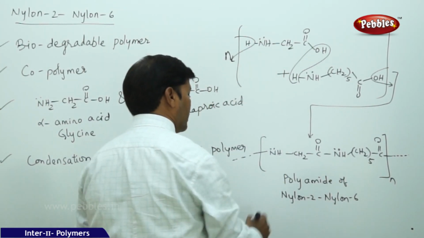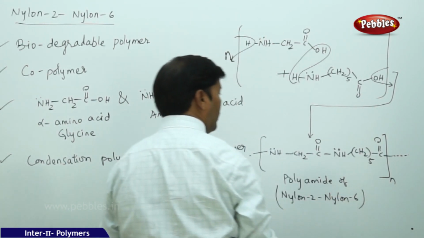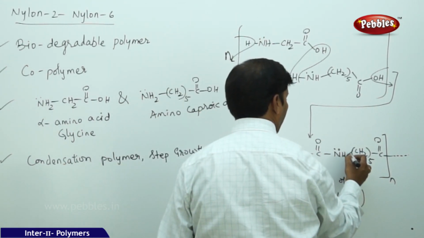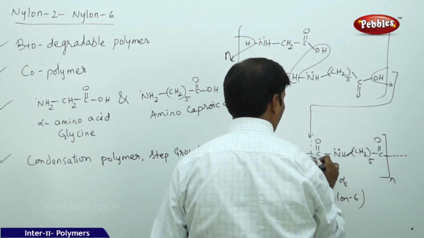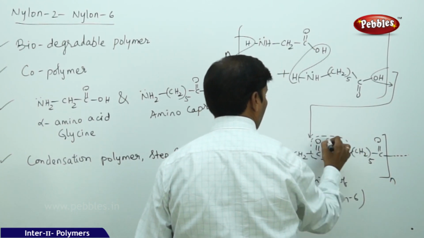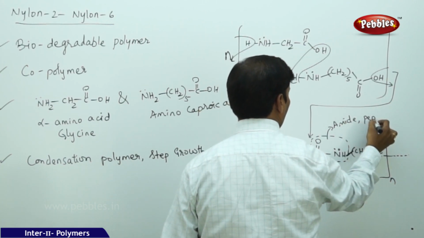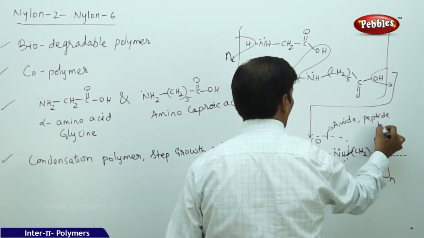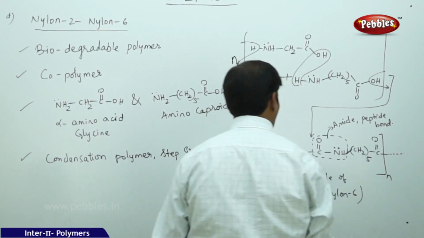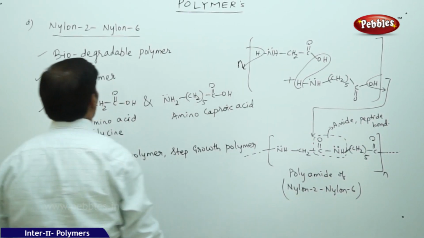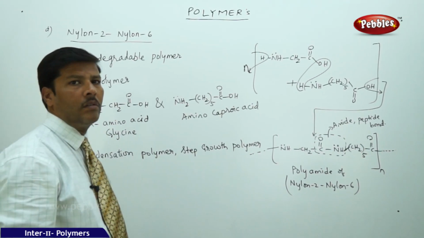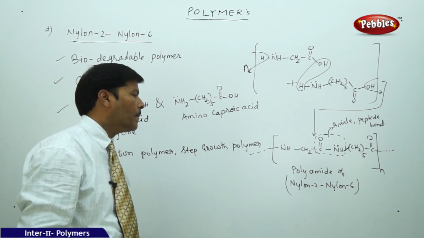That's why we call it nylon 2 and nylon 6, and this is the amide linkage, also called peptide bond. So this comes under the nylon 2 and nylon 6 biodegradable polymer.